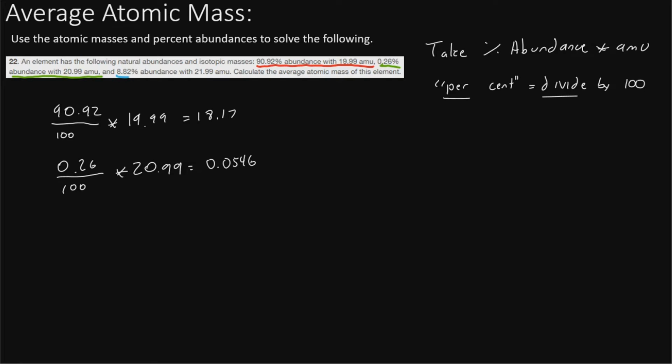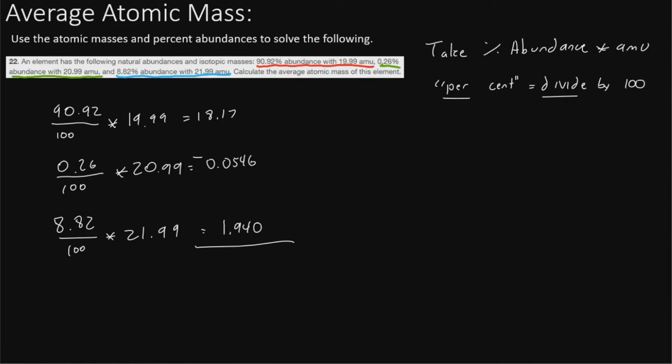For the third piece, we'll take 8.82% abundance with 21.99 AMU. Start with 8.82 and divide by 100, and multiply by 21.99. In the calculator, we get 1.940.